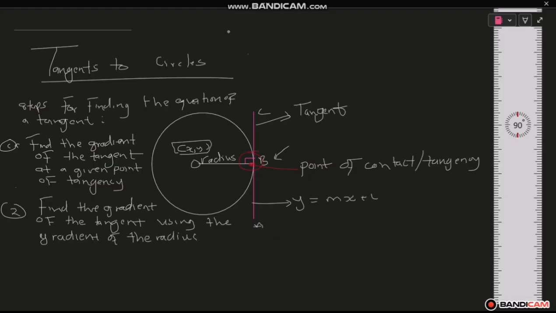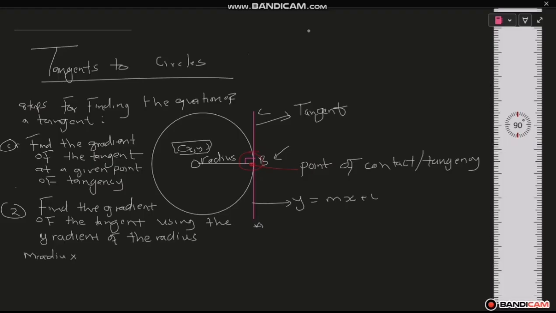Actually, for that first step, I was supposed to say find the gradient of the radius, but I'll fix it right now. There's a property that you use to find the gradient of the tangent using the gradient of the radius, which is the first step.